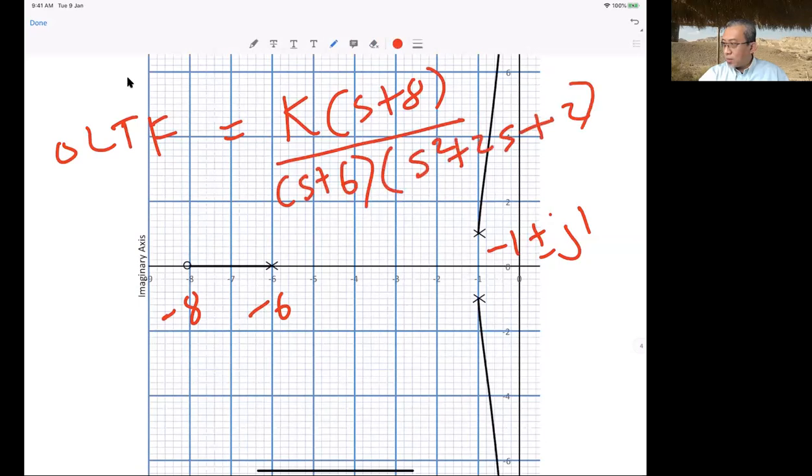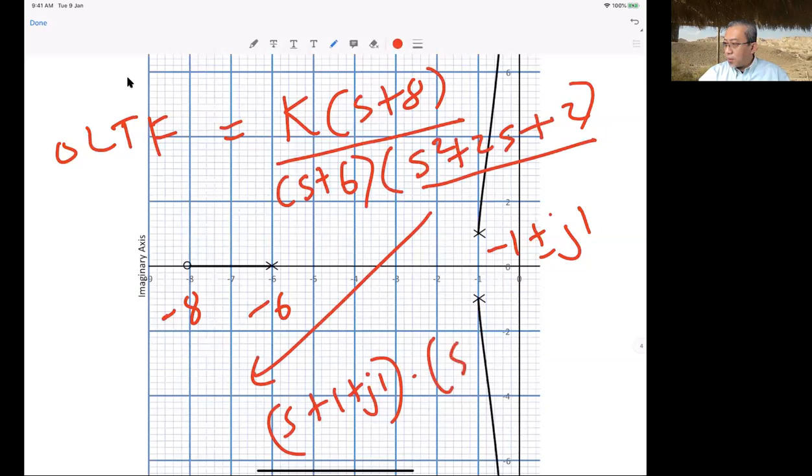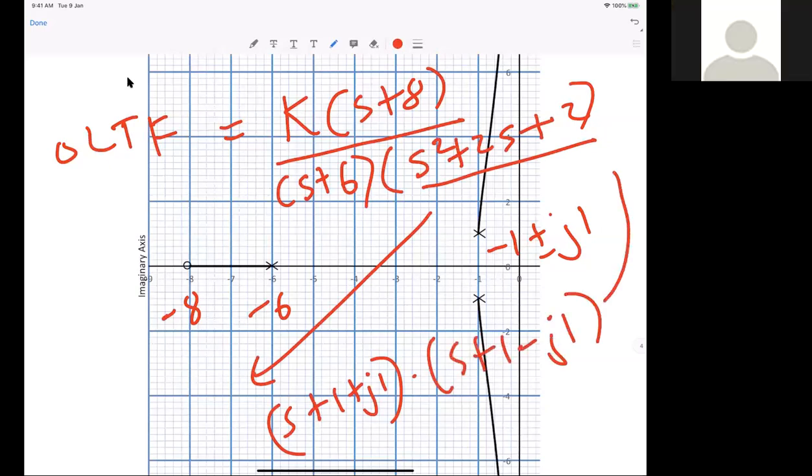How do I get this? You just multiply (s plus 1 plus j1) times (s plus 1 minus j1). Betul ke?